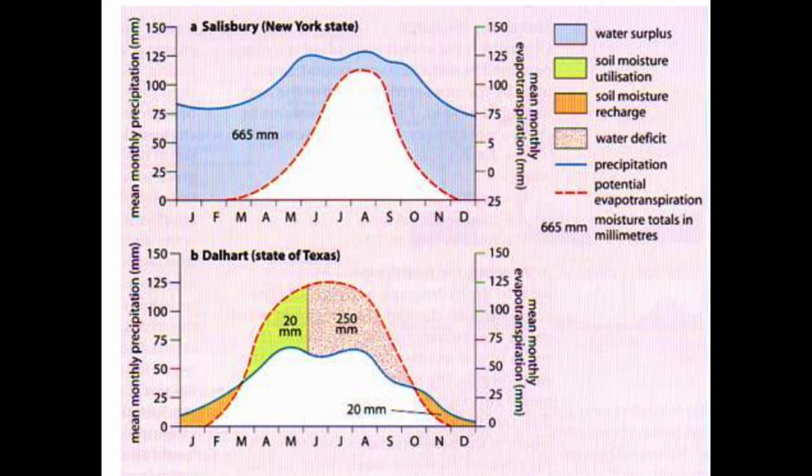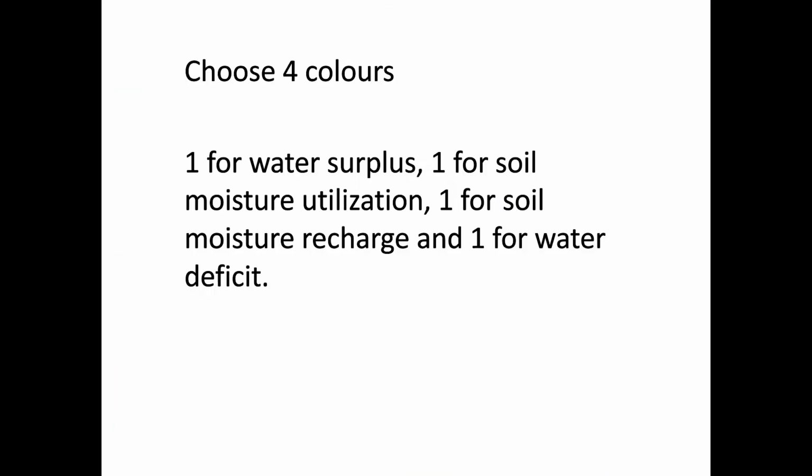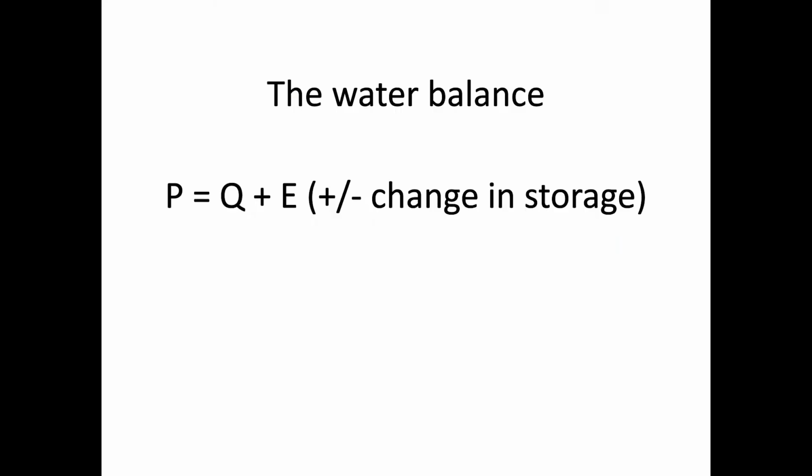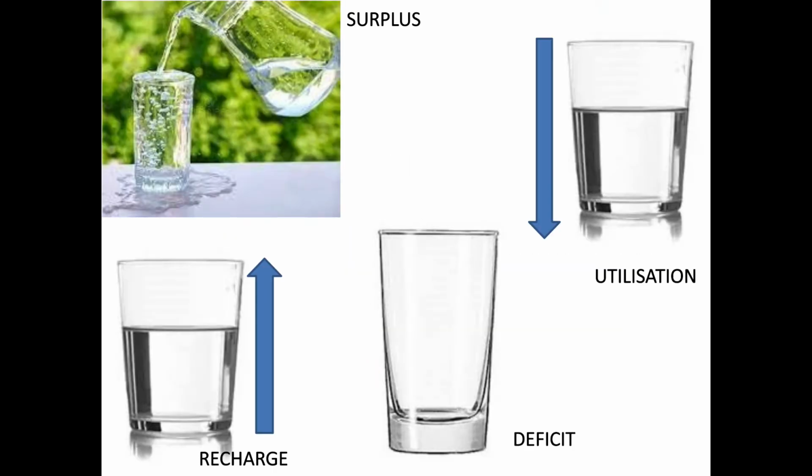If necessary, you might want to take some photos of the screen possibly and do it that way instead. Okay, so these graphs are the graphical representation of this equation. They're very much linked. And yes, they are a bit confusing, but we'll get there, so bear with me. Right, grab your kit if you need it.